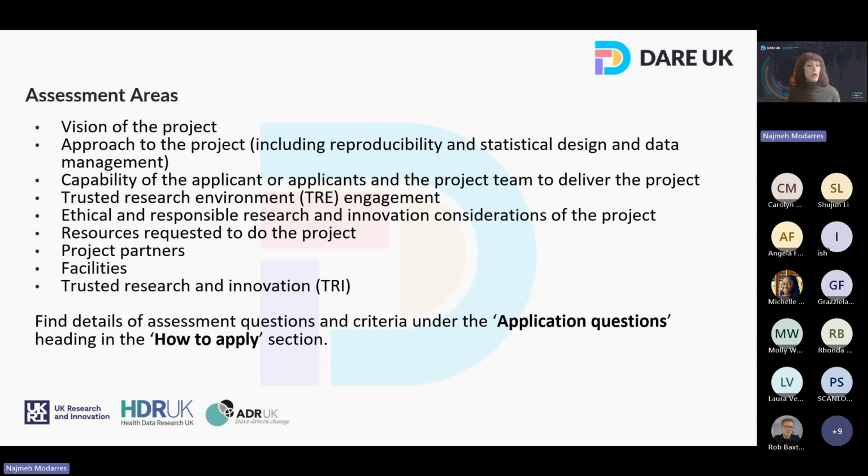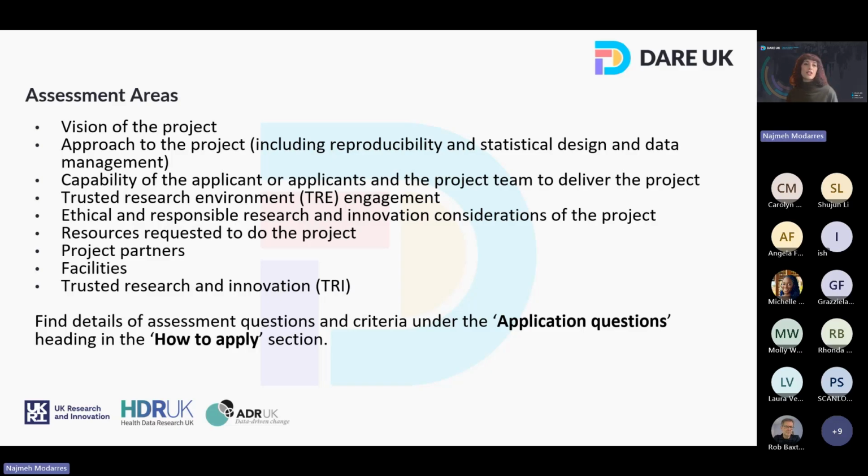There's a whole section on TRE engagement. Again, what is the TRE, and how are you engaging them? How are you bringing them into the project? There's a section on ethics. There are the resources that you're requesting, project partners, and the facilities.